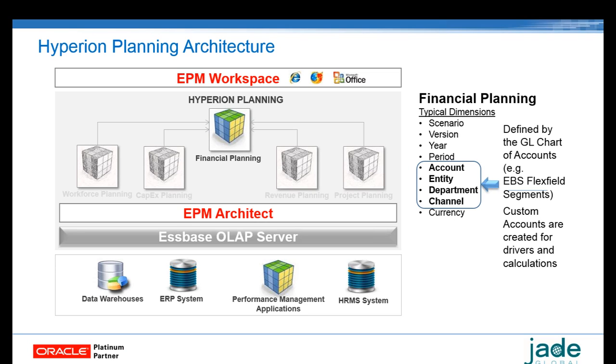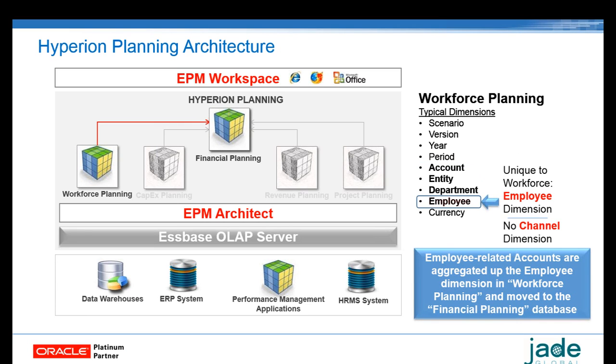The other standard dimensions are typically scenario, which represents actuals and budget, version, which could be your first cut or final, year, which is FY14, 15 going forward, and also your current years, and also period, which is months, which typically come from quarters and years. Also, in some cases, multinational companies do planning in local currency and then translate to US dollars or some other functional currency.